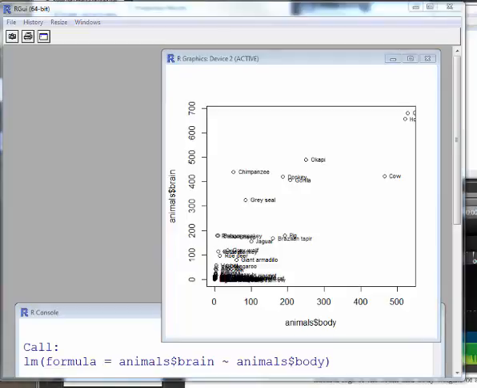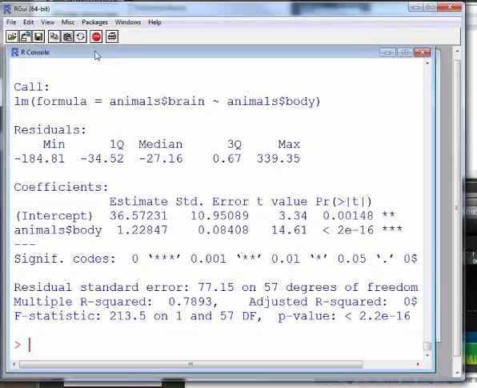So I'll tell you what I'm going to try in this case, and this takes experience sometimes. You can read more in your book about transformation functions, but I'm going to try taking the natural logarithms of both variables. I can do that with the log command.